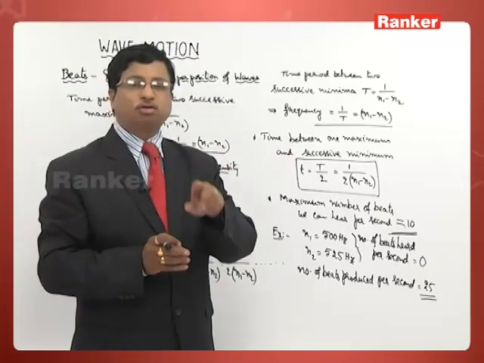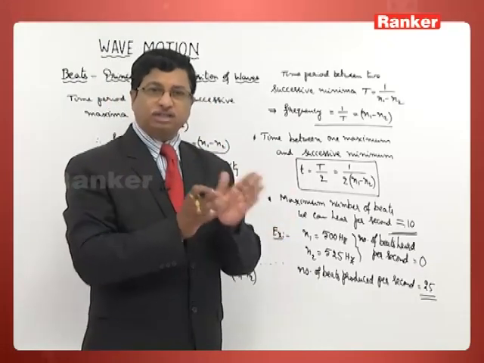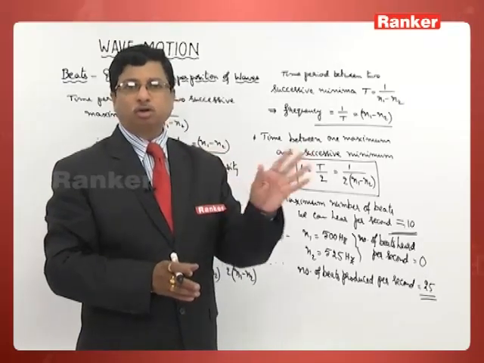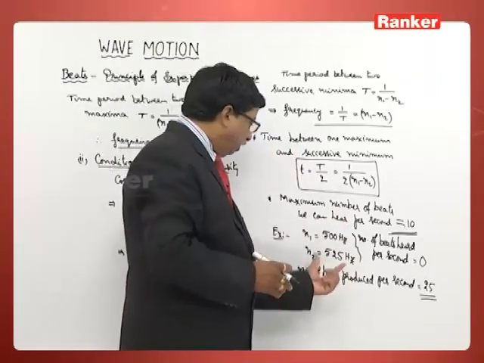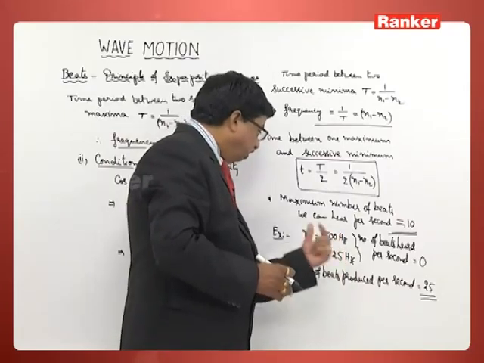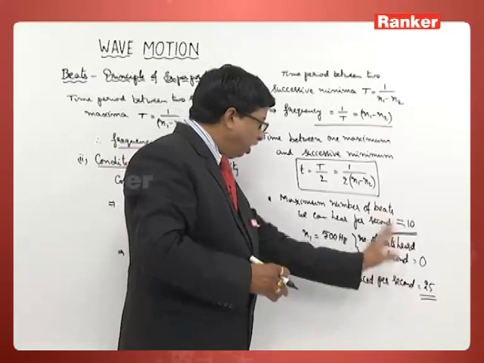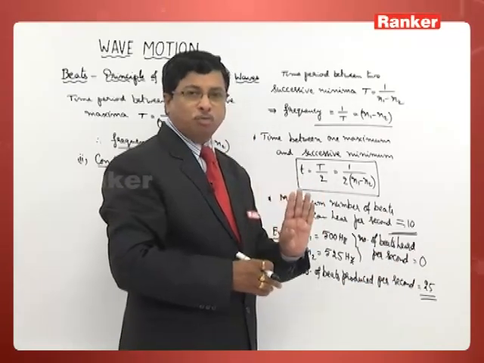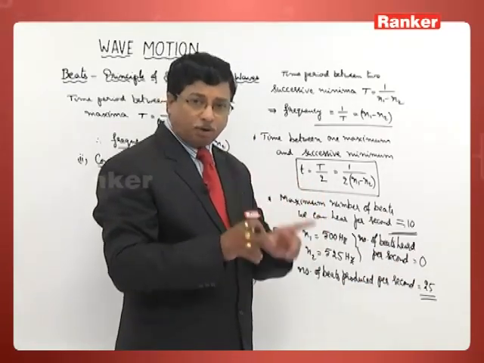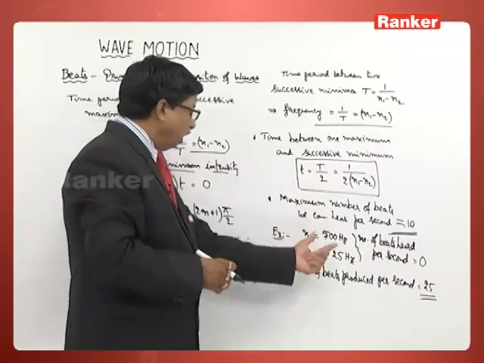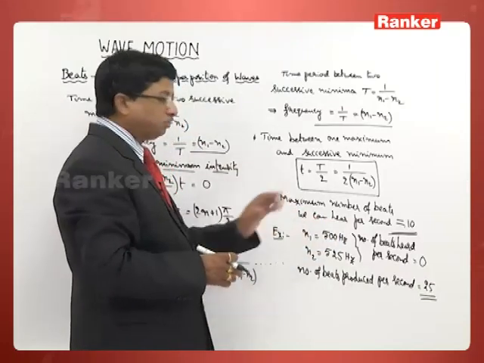You can hear 10 if the difference is equal to 10 or less than 10, or nil, 0. In this particular case, since the difference between these two frequencies is more than 10, one cannot hear the beats. But how many are produced? 25 beats can be produced here.